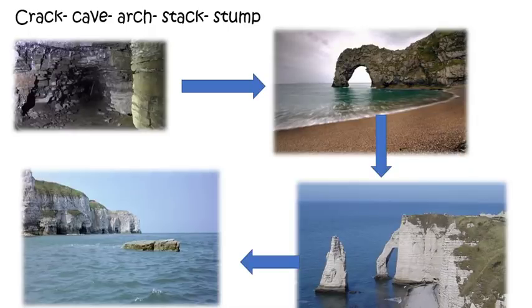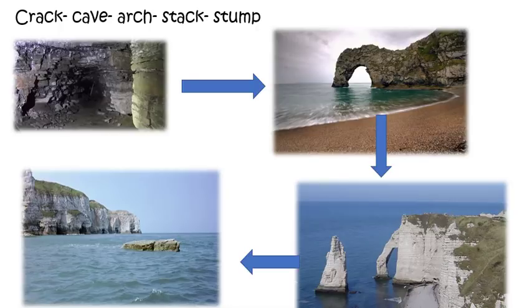So, most of you at GCSE can remember, rattle this series or sequence off your tongue, which is good. It doesn't change at A level, alright, it's still crack or fault, cave, arch, stack, stump. And it was drummed into me when I was in year 8 by my super old geography teacher, and it's still true today.